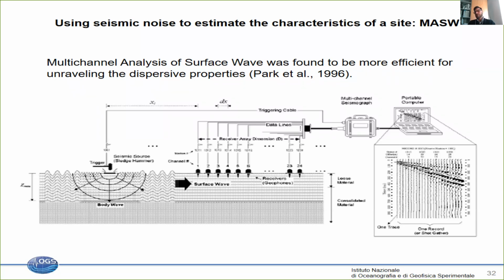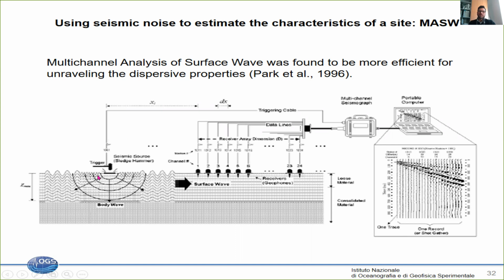More used, and you will find much more literature on this, is multi-channel analysis of surface waves. So nowadays, with respect to the previous methods, it's possible to have instruments with many channels that can therefore record the motion with many instruments in different positions along a line.